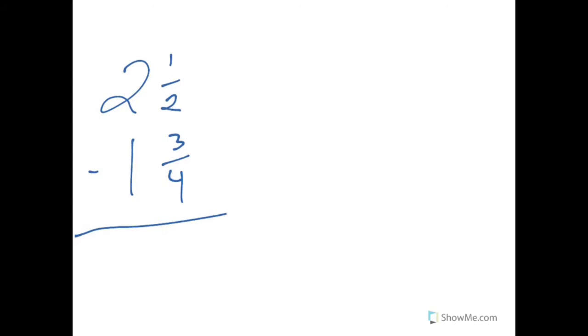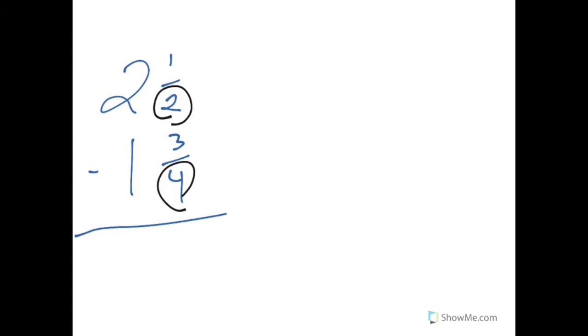2 and 1/2 minus 1 and 3/4. Now, check it out. This is a little bit different, but not that different. We still have a larger fraction being subtracted from a smaller fraction, okay? The only difference here is the denominators are different.